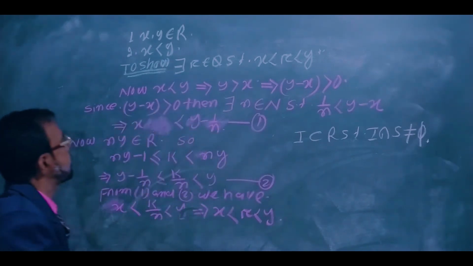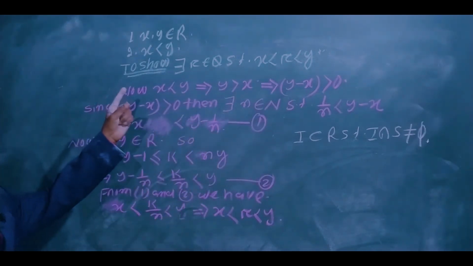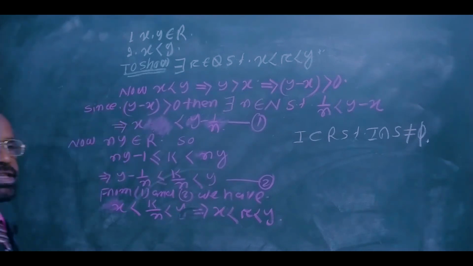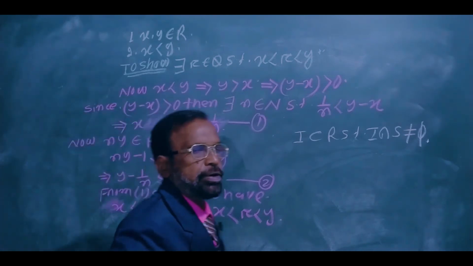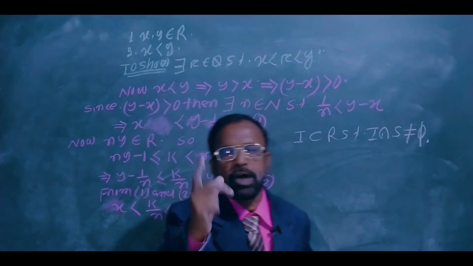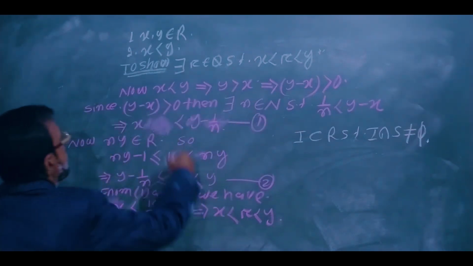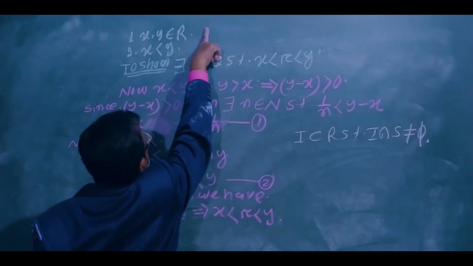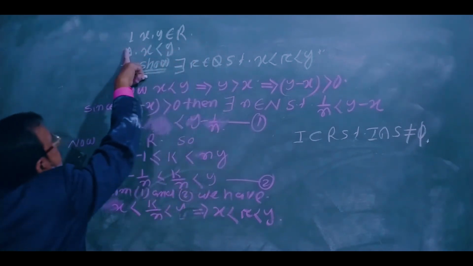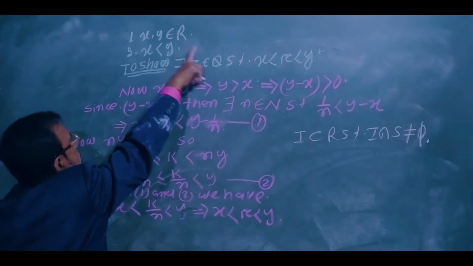Now this is the statement of the rational density theorem. The rational density theorem states that between any two real numbers there must exist a rational number. Let x, y belong to R. X is a real number, y is a real number. Second condition is x is less than y.